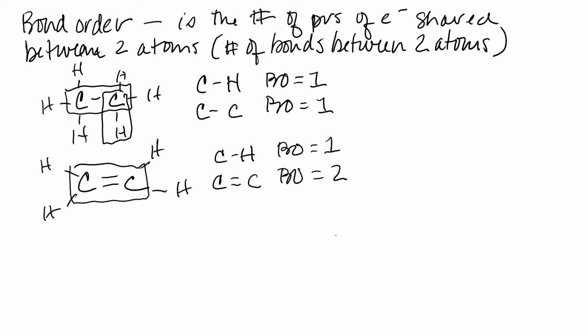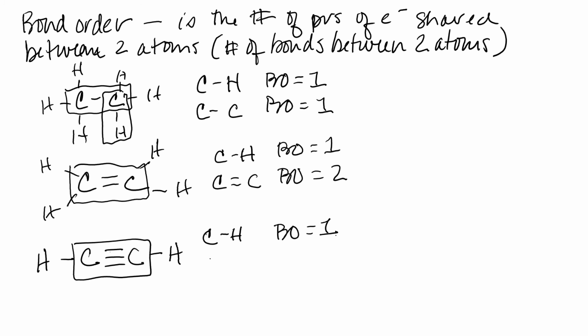And then finally, we look at this structure. We still have that CH bond, where the bond order is 1, but now we have a carbon-carbon triple bond. So this bond order is 3.